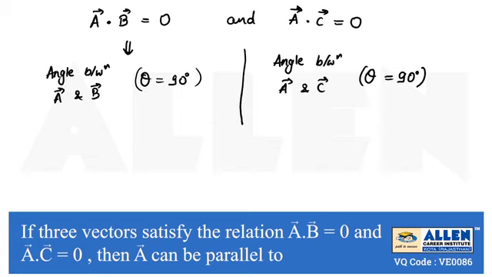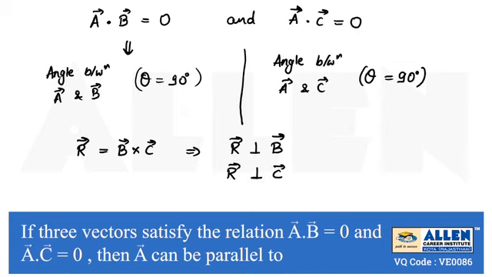Next one, can a vector be parallel to b vector cross c vector. B vector cross c vector, we can say the result of b cross c will be perpendicular to b vector and it is also perpendicular to c vector.